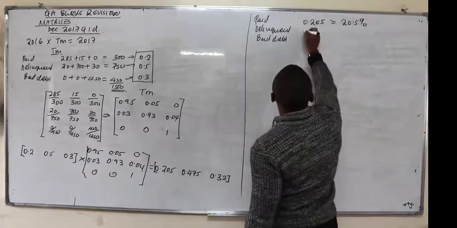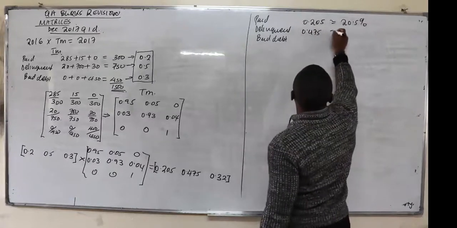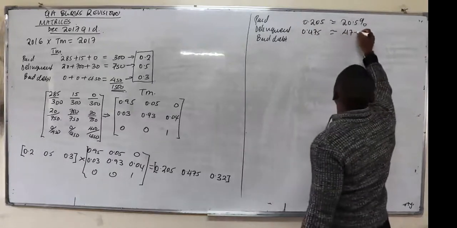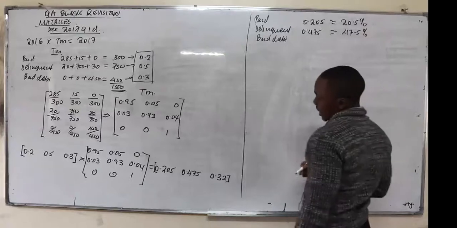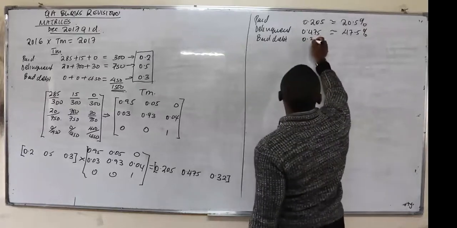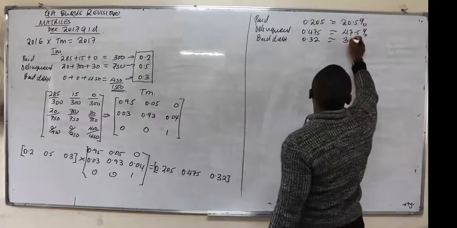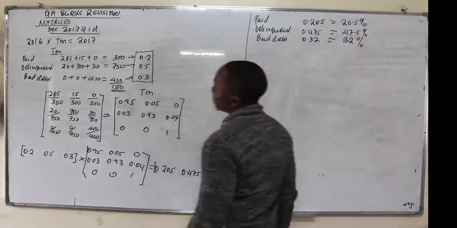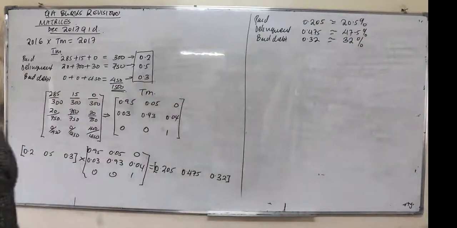Delinquent, we have 0.475, approximately 47.5%. And the bad debt is 0.32, which is 32%. So you can take a screenshot of that.